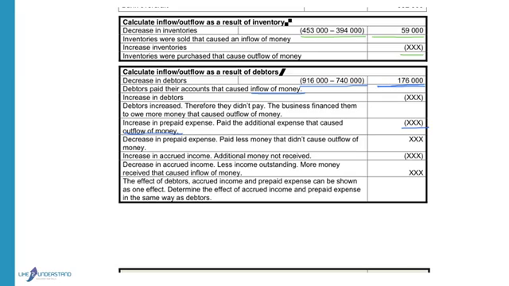If there's a decrease in prepaid expenses, then the business paid less money for the future. That didn't cause an outflow of money, so it will be a positive figure.